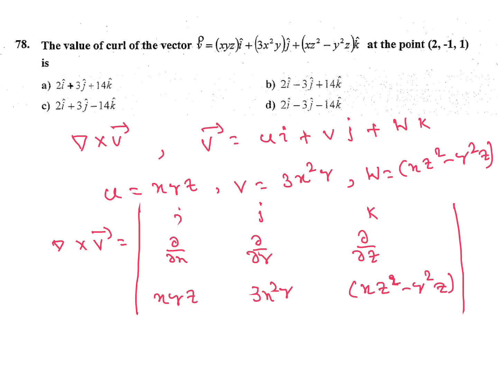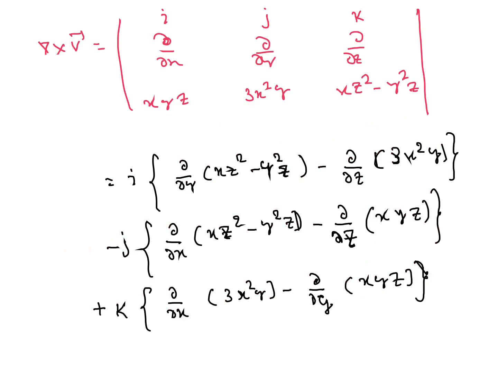Then if we do this, we'll get I cap into del by del y of x z square minus y square z minus del by del z of 3 x square y, minus j cap into del by del x of x z square minus y square z minus del by del z of x y z, plus k cap into del by del x of 3 x square y minus del by del y of x y z.